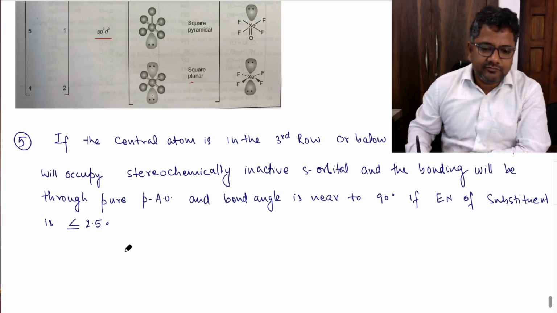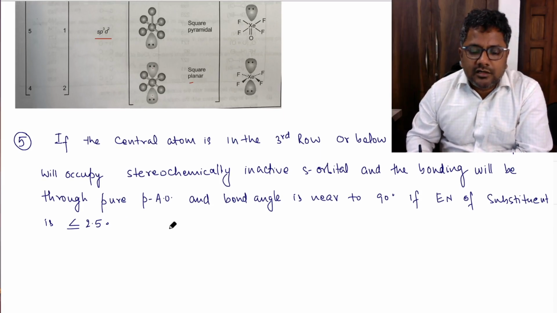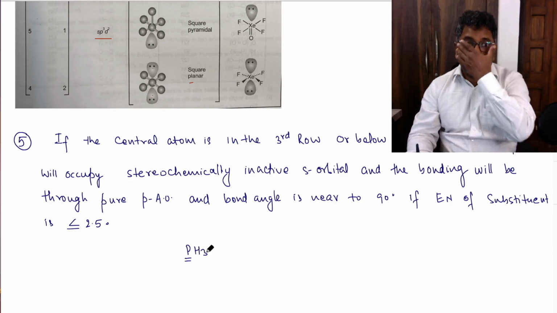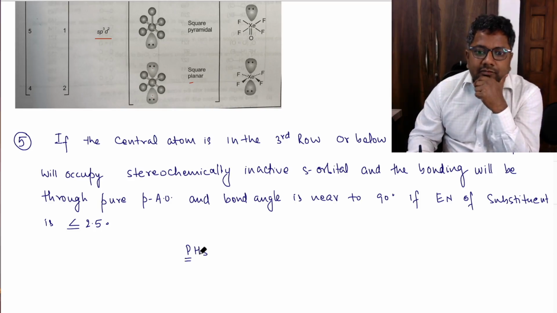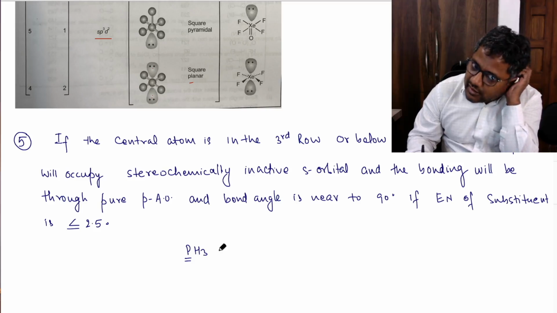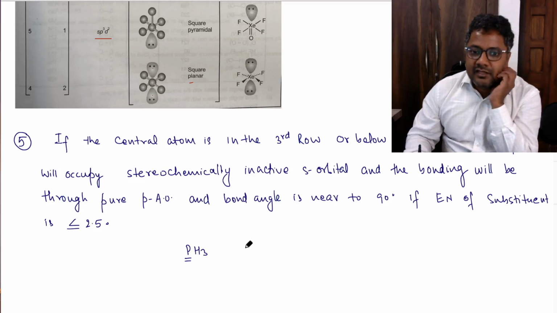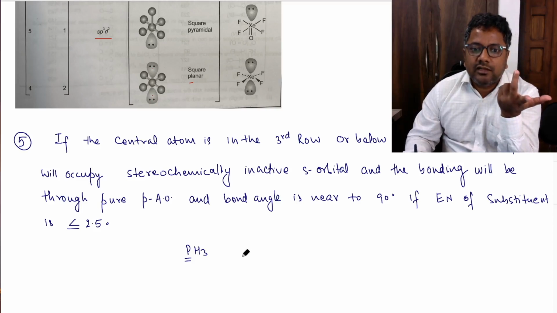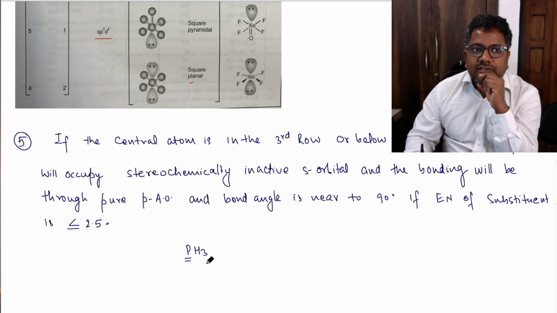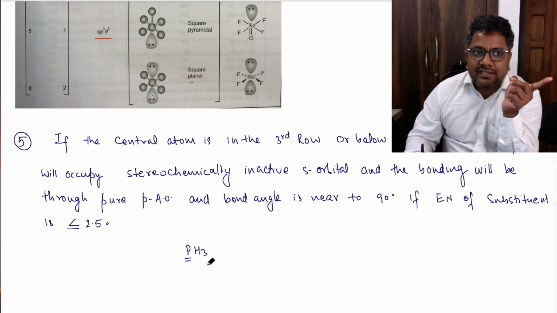So see, if we take an example of PH3, what is the substituent here? Phosphorus is a third period element. Hydrogen has electronegativity 2.1. So if it is attached to phosphorus, the lone pair of phosphorus is present in the s orbital.